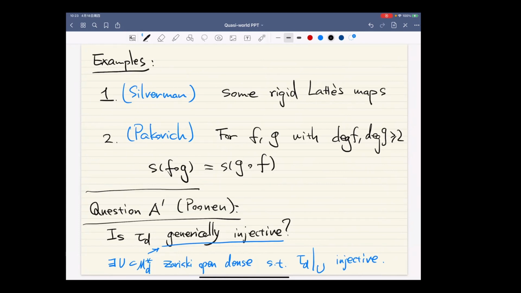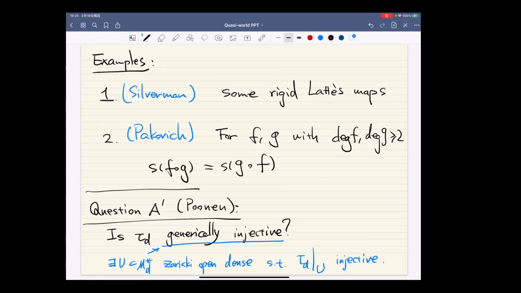Generically injective means that maybe there are some counterexamples, but in most places, this tau_d is injective. Or maybe we can say that we can remove some low dimensional subspace such that if we remove it, then tau_d becomes injective.